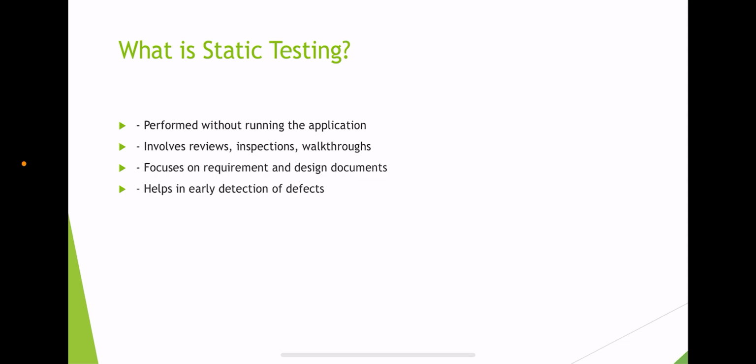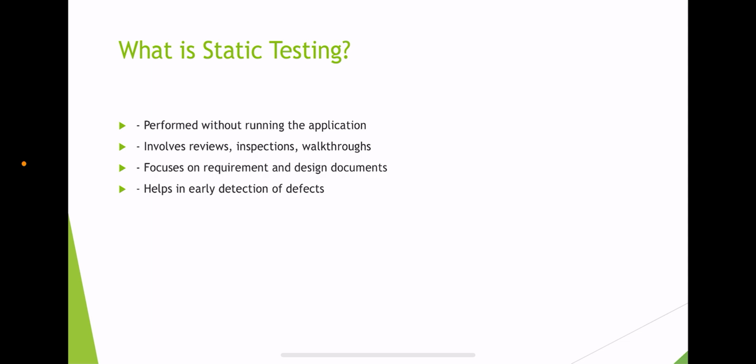For example, whenever the tester writes the test cases, after completion of the test cases, according to the forward traceability matrix or whatever requirement we have, the tester will review the test cases to check whether all the acceptance criteria are covered under the overall test cases.